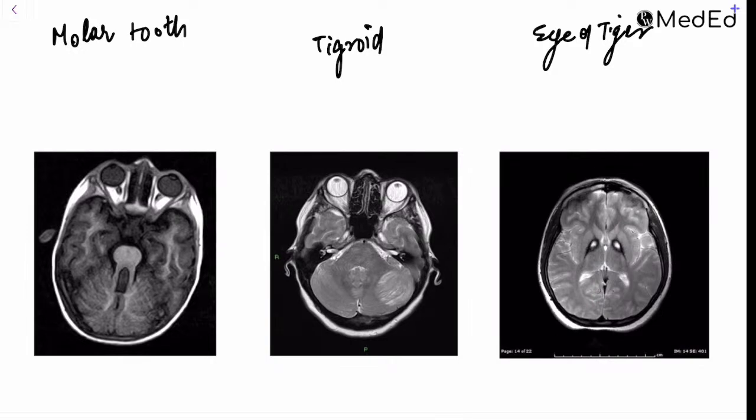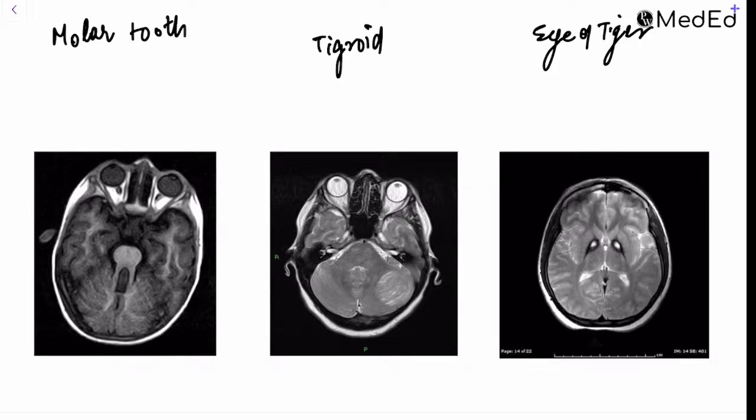Anyone? So guys, the first image, the molar tooth appearance, is seen in Joubert syndrome, right? The second image, the tigroid appearance of the cerebellum, is seen in patients with Lhermitte-Duclos syndrome, right?